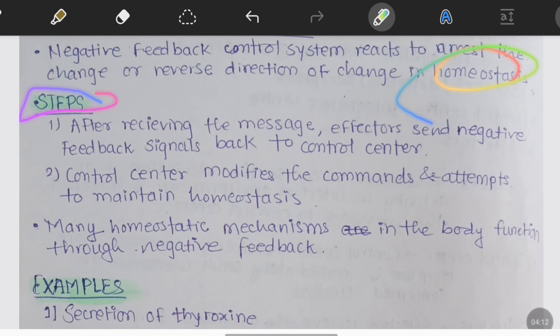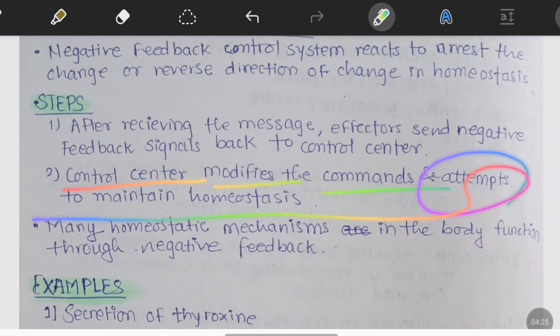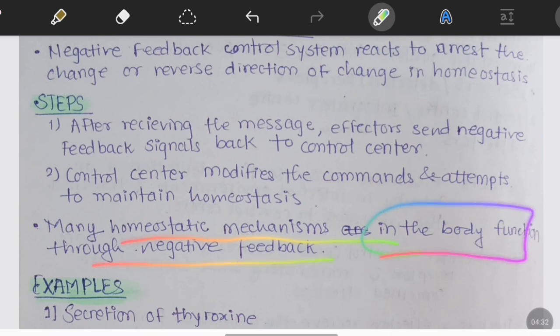These are the steps: after receiving the message, effectors send negative feedback signals back to the control center, and the control center modifies the commands and attempts to maintain homeostasis. Many homeostatic mechanisms in the body function through negative feedback.